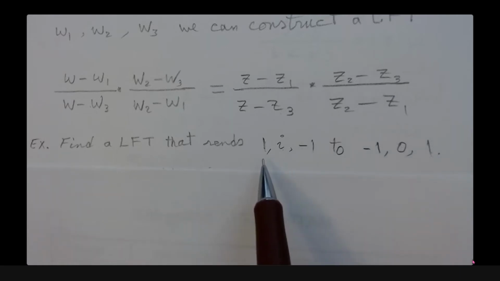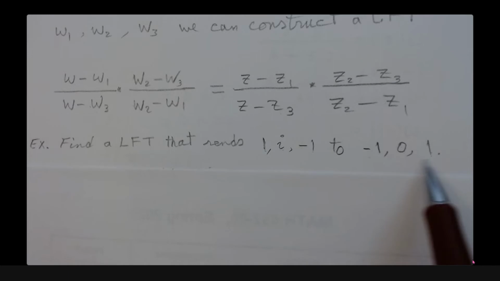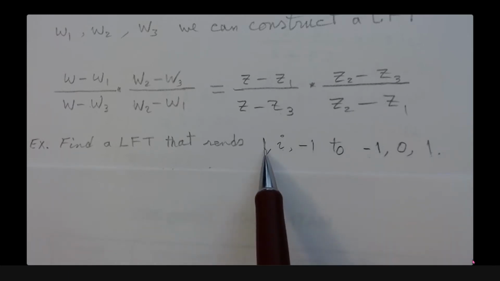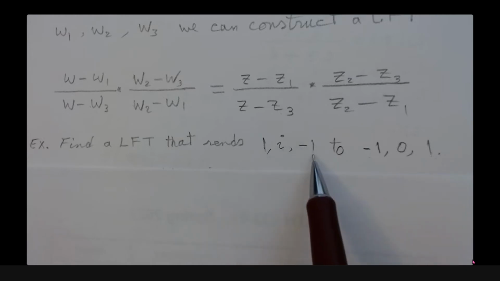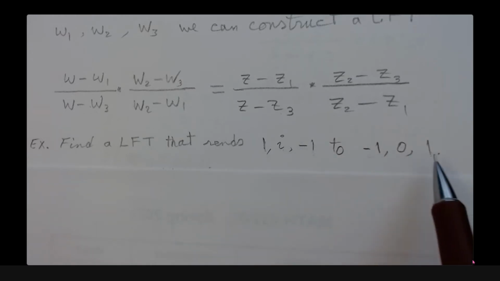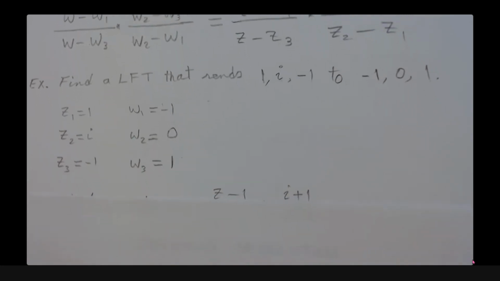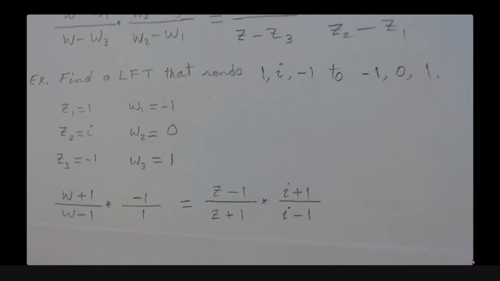That's what I meant by the inputs to these outputs. So Z1, Z2, Z3. Here is W1, W2, W3. Plug it in here. This is what we get after plugging in.